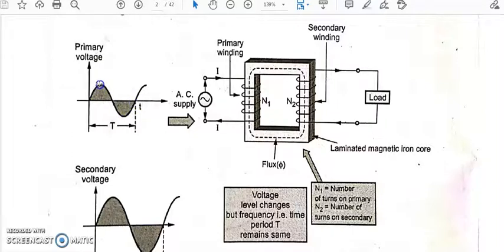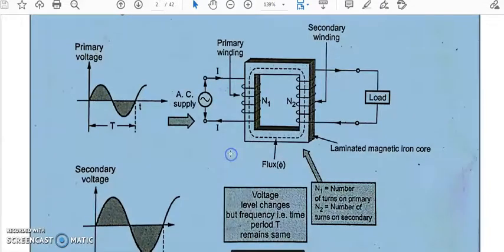So it is 0, 1/4, half, 3/4, and here it is 1. One thing we came to know is that at 1/4 cycle the flux is maximum.